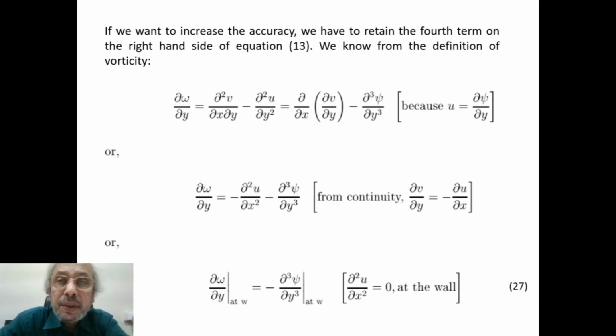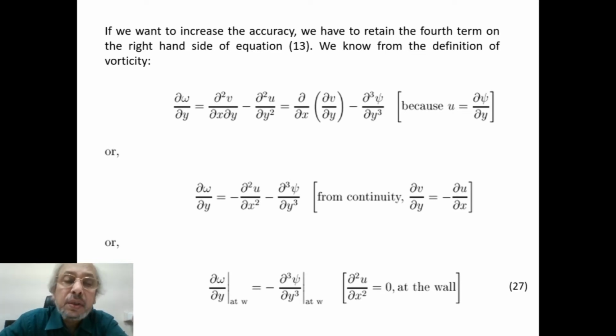Now, if you recall, for finding the boundary conditions on the stream function, we considered a Taylor series approximation of the stream function at the near wall point. In the Taylor series approximation, we considered up to the second order term, and we neglected all other higher order terms and derivatives.